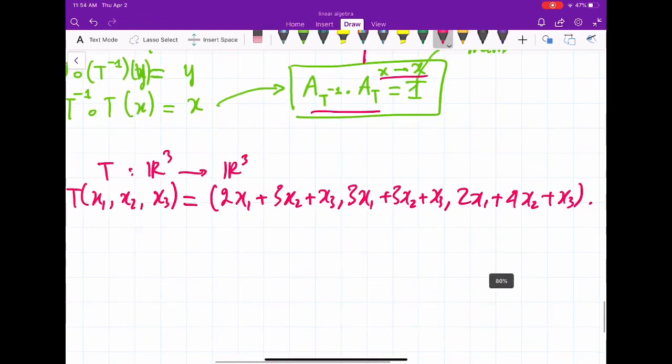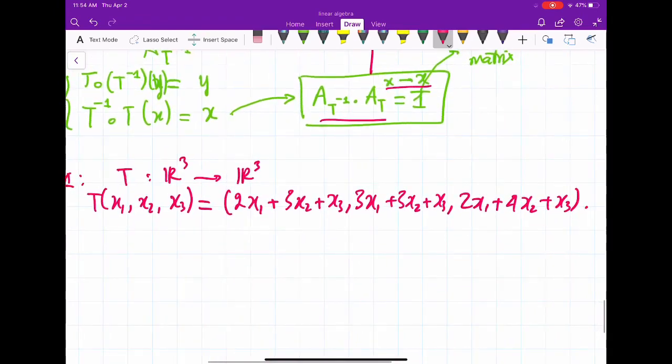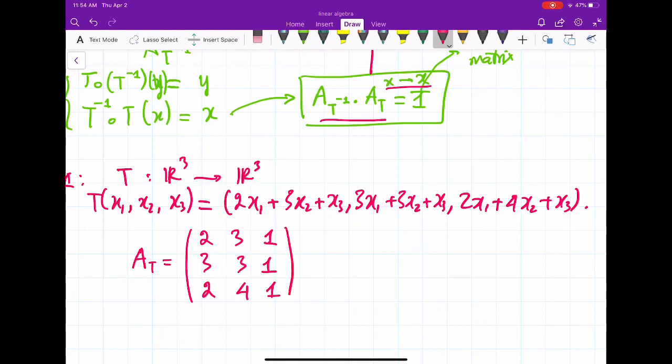We don't have any problem with such linear transformations when we need to write the matrix, because we are in the same space R3. So I just need to pick all coefficients: 2, 3, 1 in the first row, 3, 3, 1 in the second row, and 2, 4, 1 in the third row.